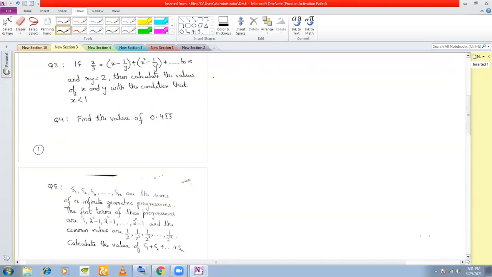See how. So we have 4.23 with 23 recurring, right? So this you can write as 4.23, 23, 23, 23, and so on. This will continue till infinity.